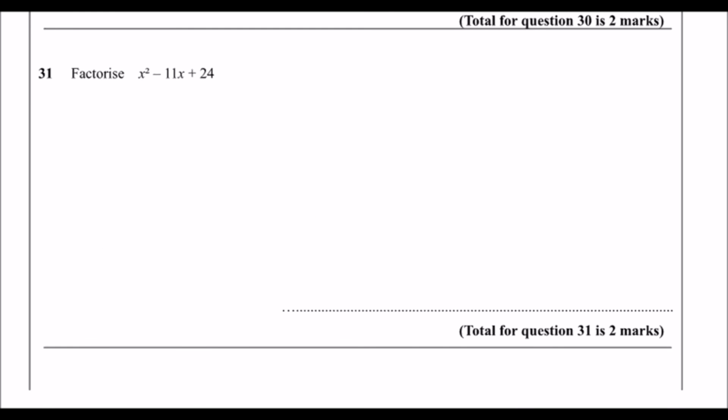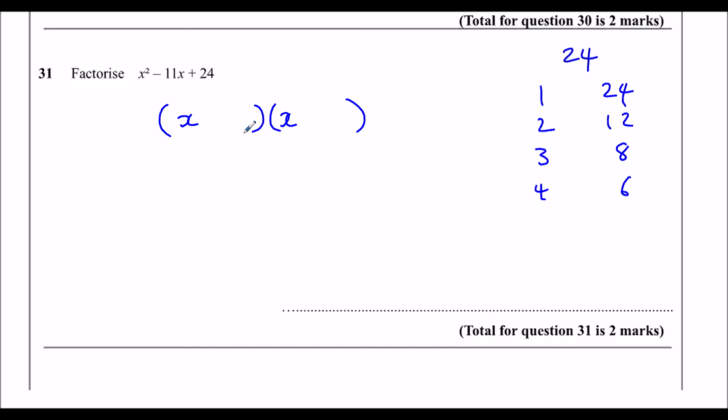Question 31. Factorize. So put in brackets. So it's double brackets. And we're looking for what multiplies to make 24 and adds to give us a minus 11. So what multiplies to make 24? 1 times 24, 2 times 12, 3 times 8, or 4 times 6.